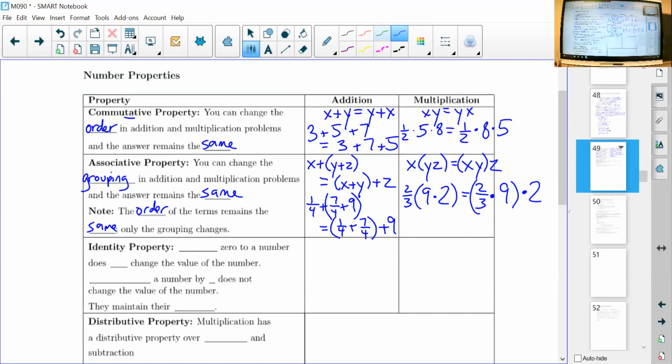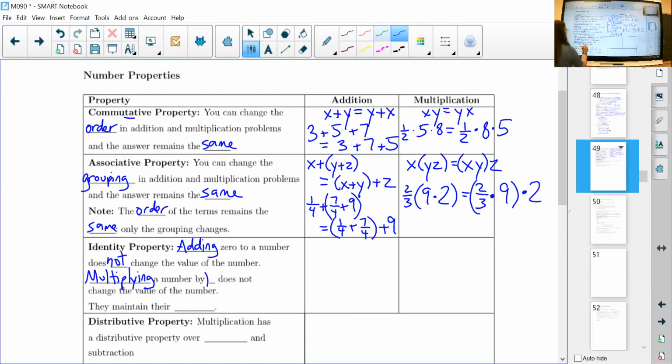The identity property. The identity property says that I can add 0 to something without changing it. Or I can multiply it by 1 without changing it. So adding a 0 to a number does not change the value of the number. Multiplying a number by 1 does not change the value of the number.